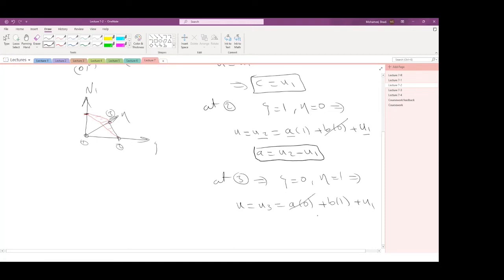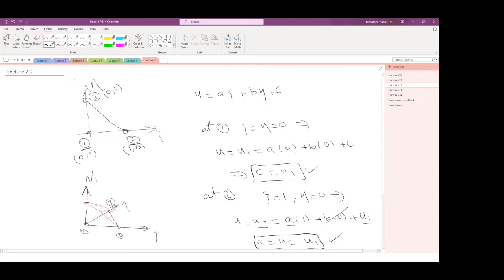This will vanish, and b will be u3 minus u1. I have a, b, and c. I'm going to take them and substitute all of them into this equation here.